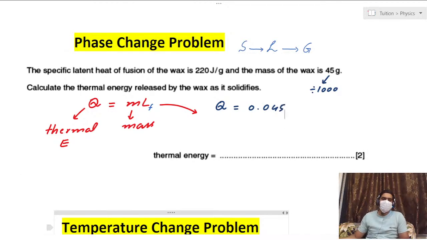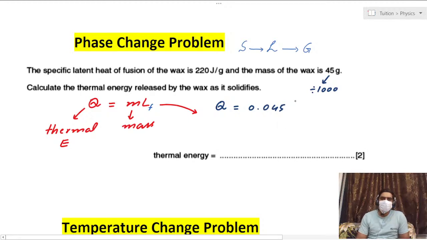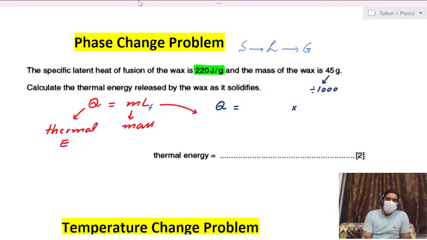You get the mass times the latent heat. All right, so here's the catch here. The latent heat that they have given is already in joules per gram. So we don't need to convert mass into kilograms because all of our data is in grams. So let us write mass in grams.